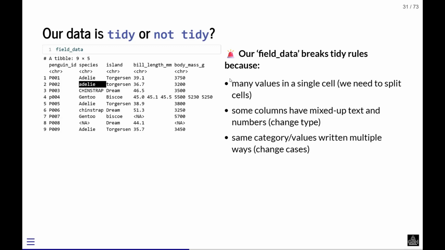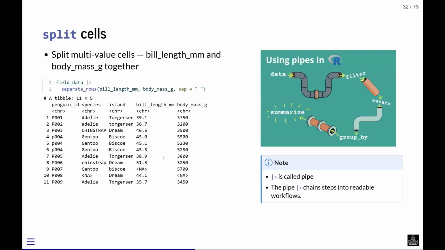So first we'll do what? We should split the rows. Every row should have only one observation. To split, there is a command from tidyr called separate_rows. This command will work on this data. We use a special character which is called pipe.